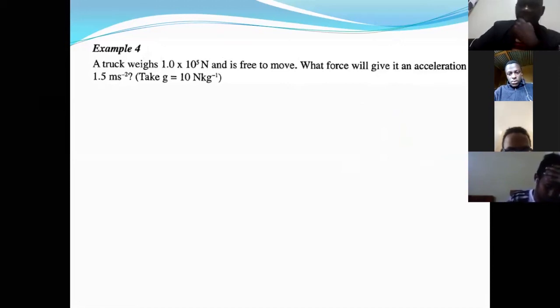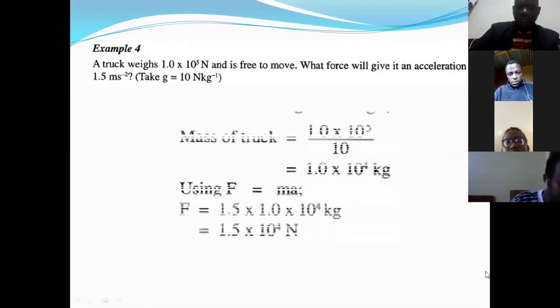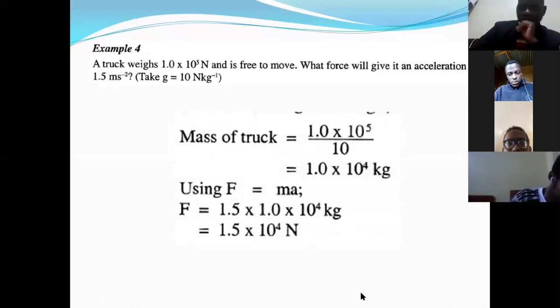Baija had already given her answer to be 15,000 newtons. So now confirm. So she was right. 1.5 times 10 power 4 newtons is the same as 15,000 newtons. So Baija got it right.